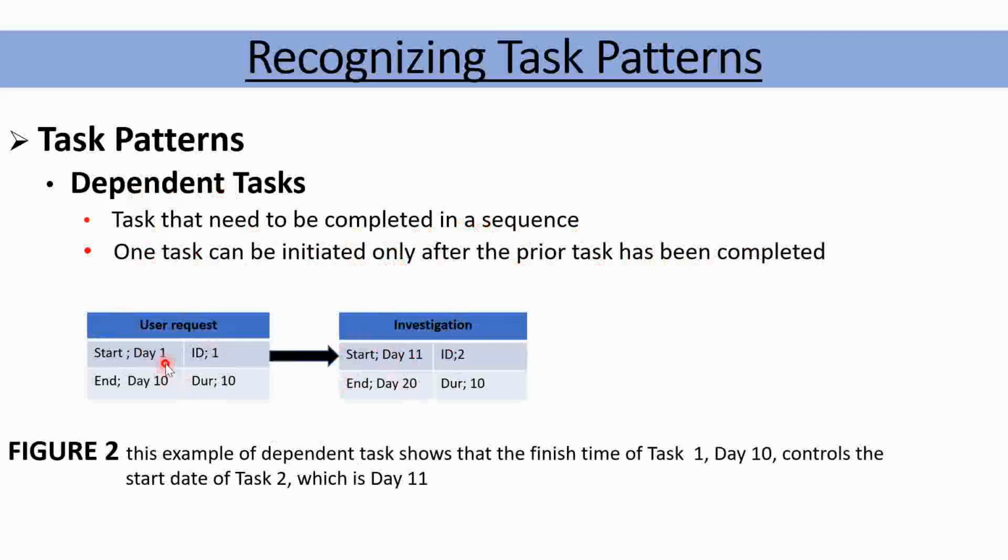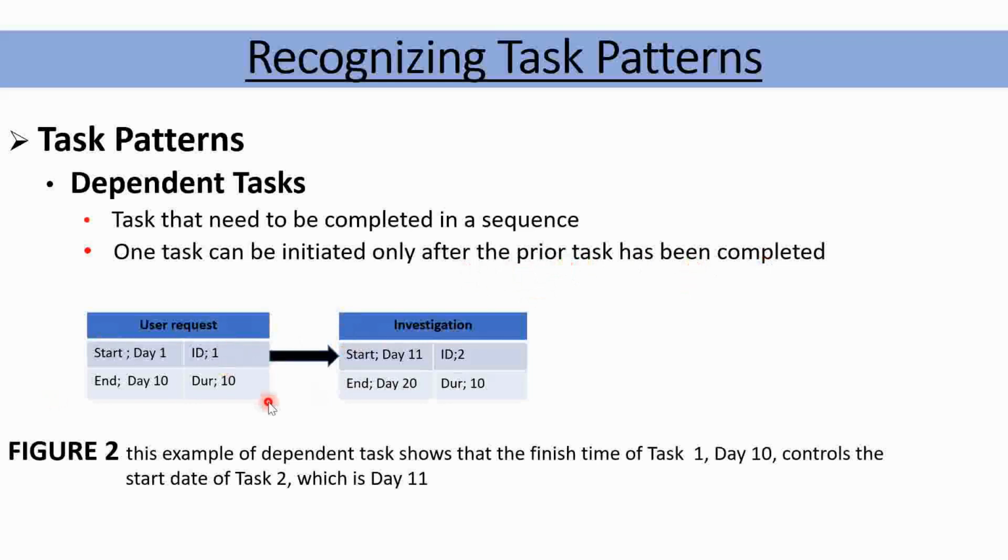It will start on day 1 and end on day 10, right? As you can see, this one will start on day 11 after task 1 has been completed. That's when task 2 will start, right? That's very important to remember. It can only be initiated after the priority task, the first task, has been completed.